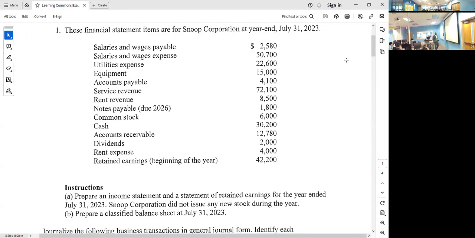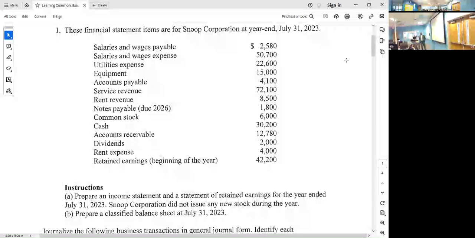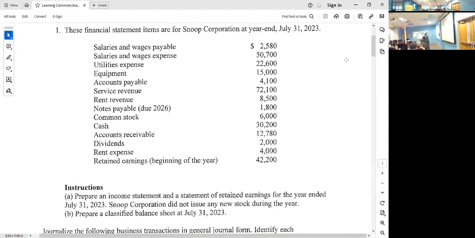So when we're doing the statement of retained earnings, what goes into that statement? You said the retained earnings for the beginning of the year, which they gave us right here. And she said net income and dividends go into that statement.